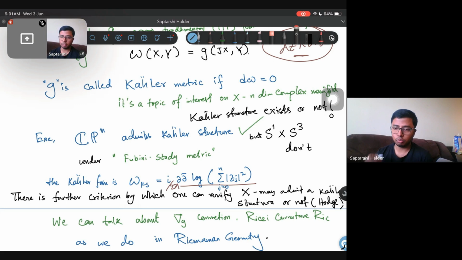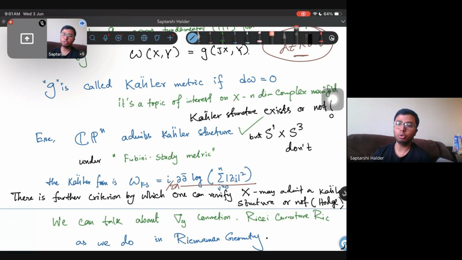So to admit a scalar structure, the Betti numbers, these topological things, the dimensions of those Hodge decomposition vector spaces, should be even. But for S1 cross S3, it doesn't. So it fails to admit a scalar structure.